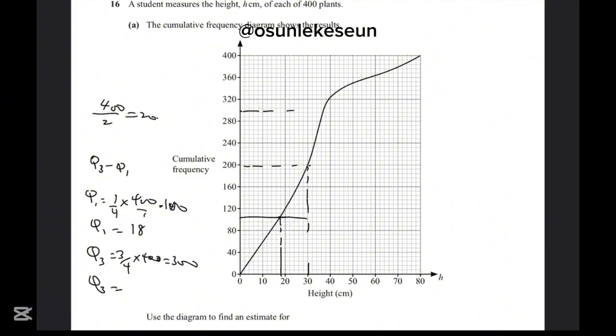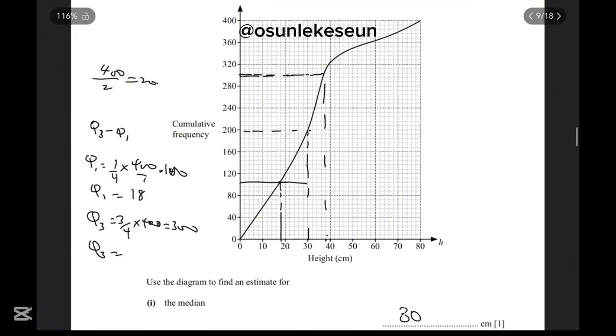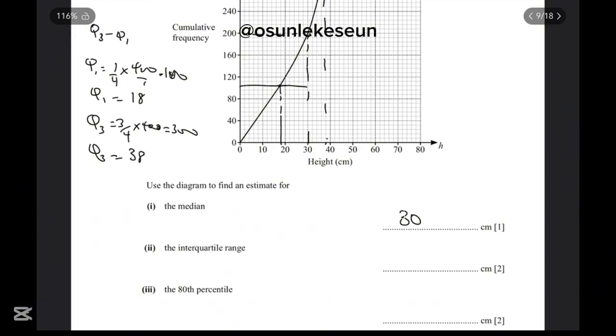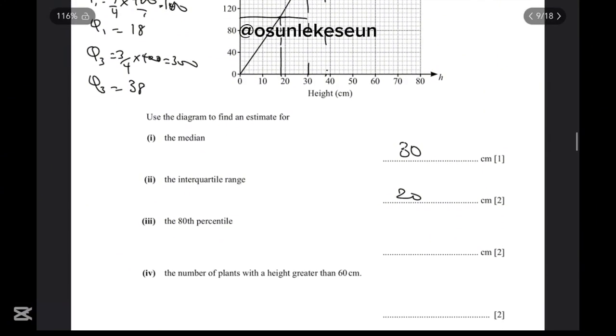So 300 is going to be 1, 2, 3, 4, 5, so it's going to be here. So trace it down. That's 38. So 38 minus 18 is going to give us 20. So that's our interquartile range.